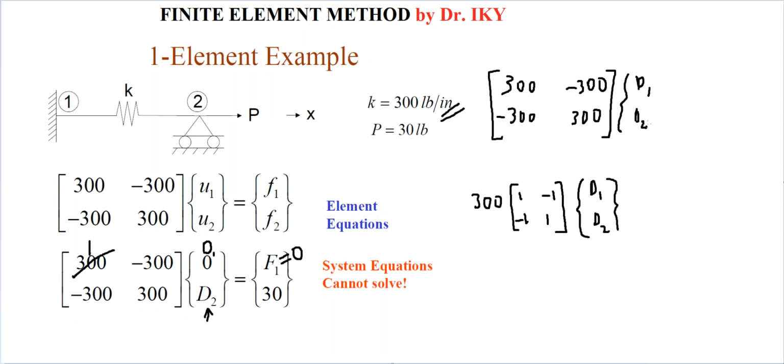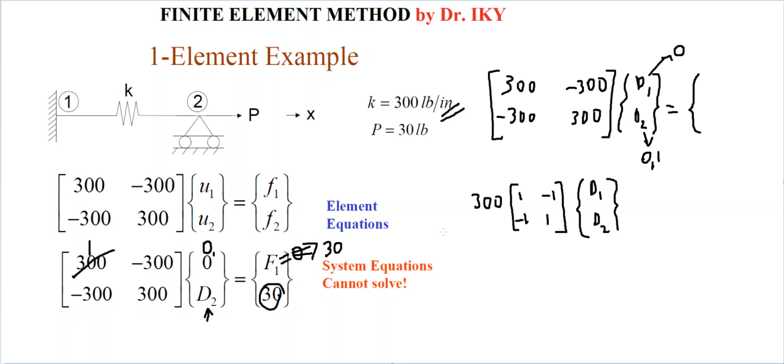D1, D2, and that is equal to, I have given this value 0, I know it, I have found this value 0.1, and it will be equal to, and if you find here 30 and the values are equal, you can find F1 is also for the balancing 30.